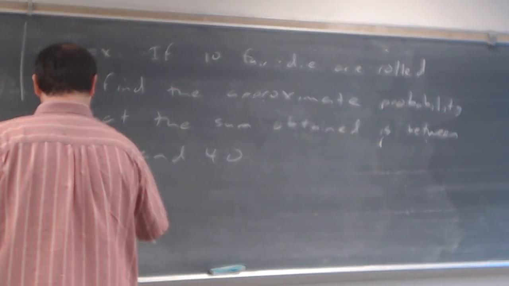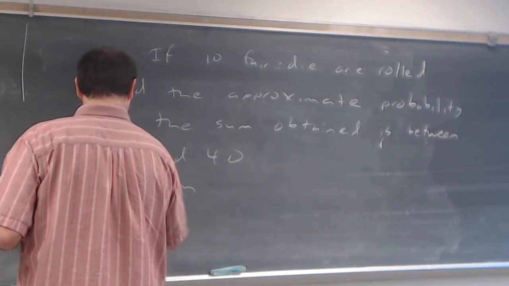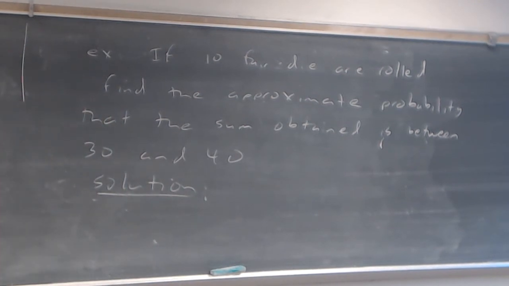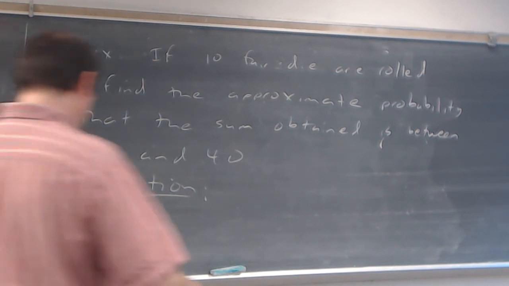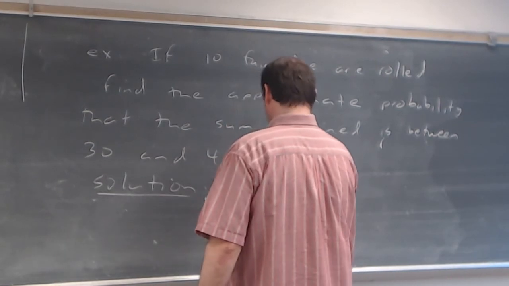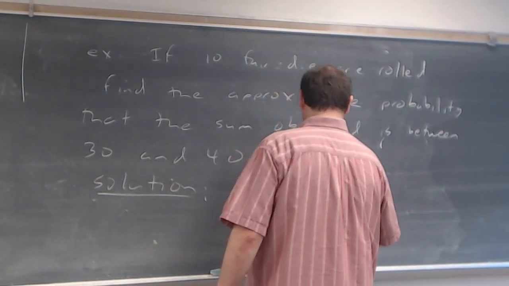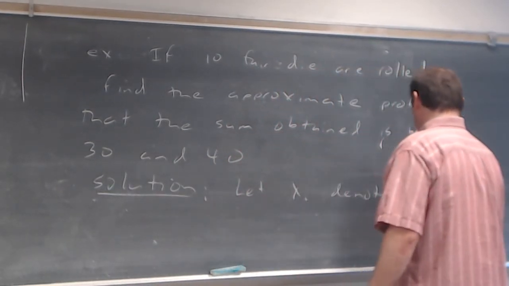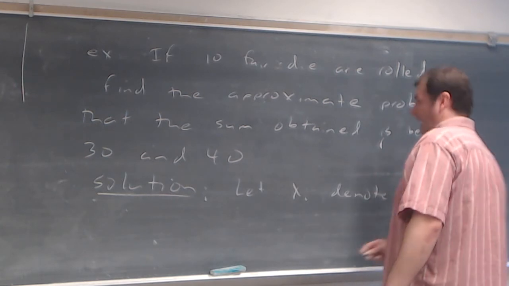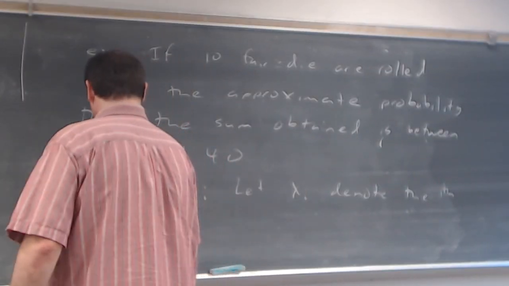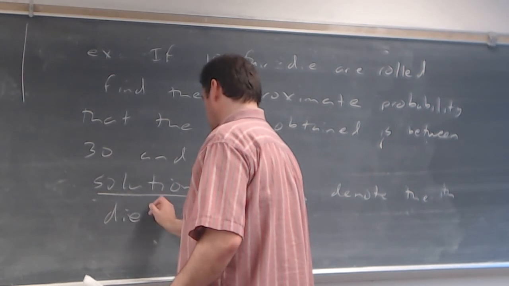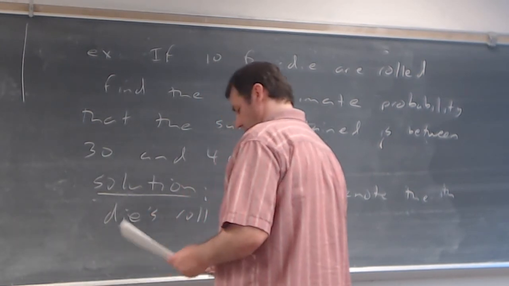So here's our solution. What we're going to do is start off by letting x sub i denote the ith roll, the ith die, or outcome.